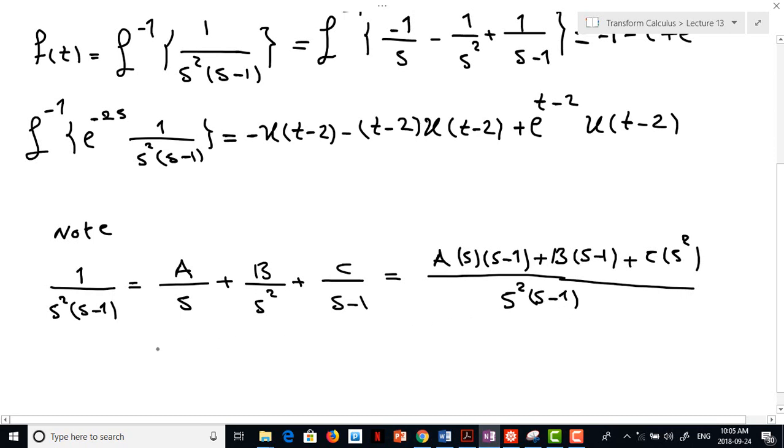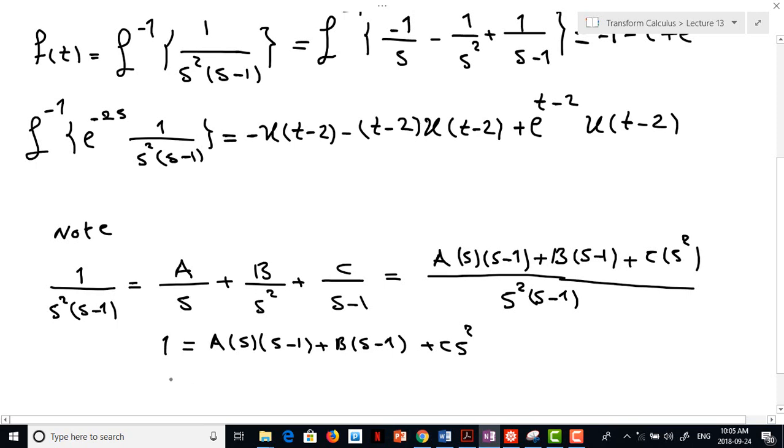Now 1 is equal to, because this fraction is equal to this fraction, the denominator is the same, so the numerator should be the same. So it's equal to a times s times (s minus 1) plus b times (s minus 1) plus c s squared.